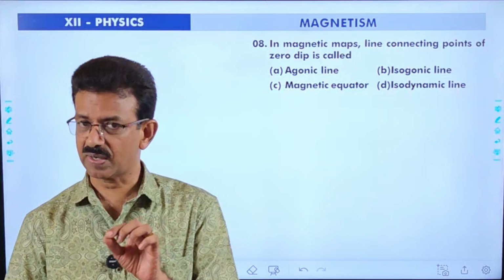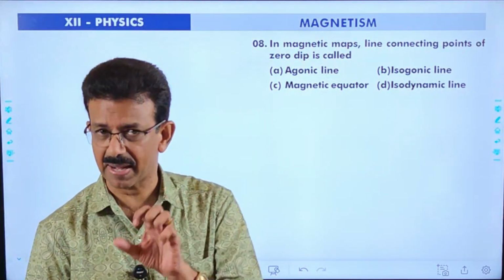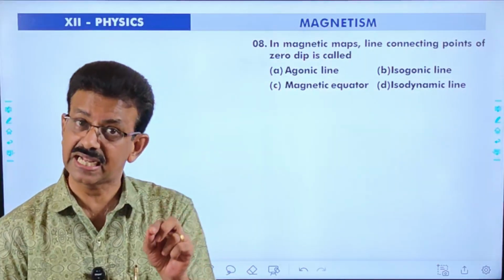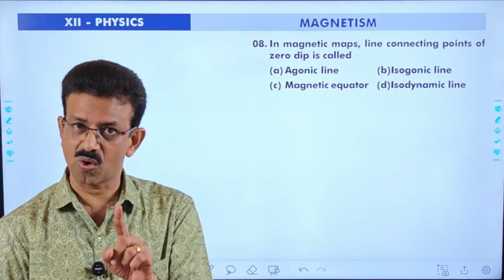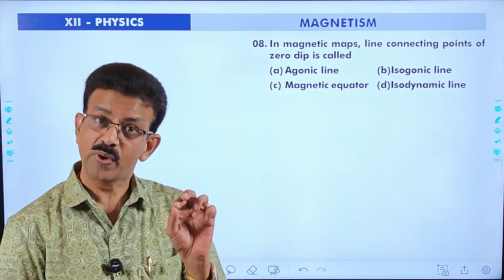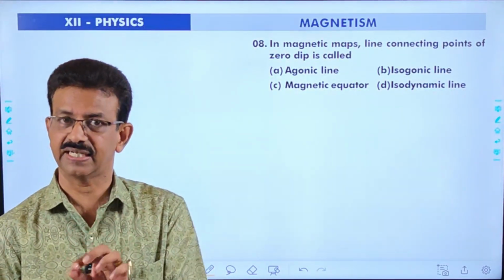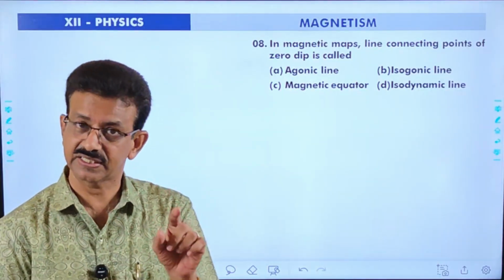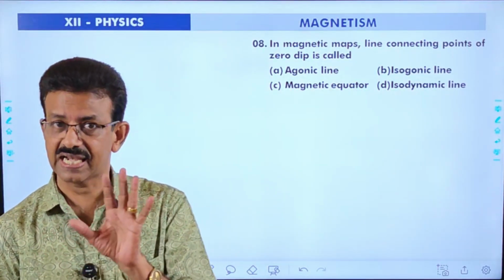Some important points are also there in magnetic maps. A line connecting points of the same declination is called an isogonic line. A line connecting points of zero declination is called an agonic line.